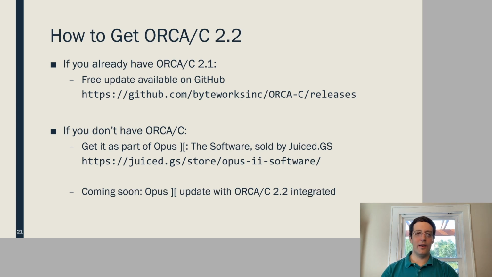As of right now, the existing Opus 2 collection contains ORCA/C 2.1, so you'll need to get that and then apply the update to ORCA/C 2.2. But coming, hopefully pretty soon, should be an update to Opus 2 that has ORCA/C 2.2 directly integrated into it. So keep an eye on Juiced.GS for that.